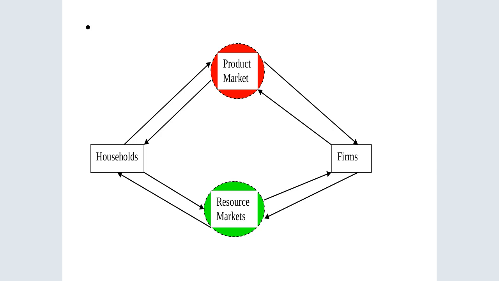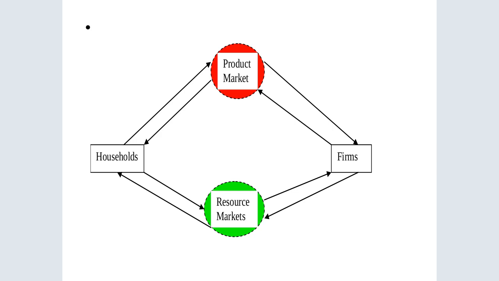The households sell their labor services in the factor market, and the firms buy their factors of production in the factor market. And of course, the firms pay the households for the labor services in the factor market.